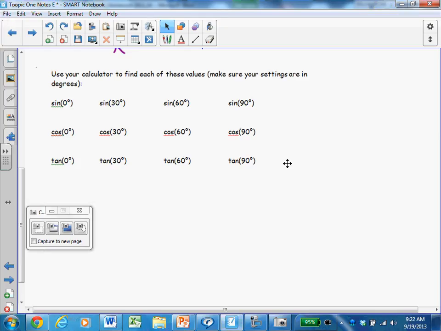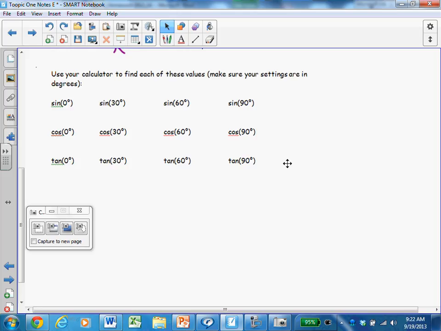So that's asking, what is the opposite over hypotenuse ratio for an angle of 0? Well, what would be the opposite side? 0. So what would be our answer? 0. So let's try our calculators. Press sine 0. Tell me if you get 0. So everybody should have their calculator out to do this so that I can find mistakes you might have.